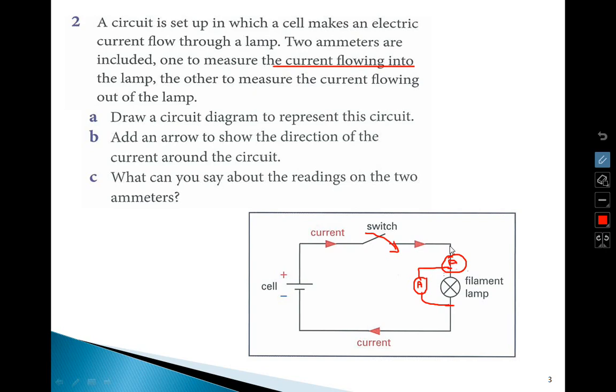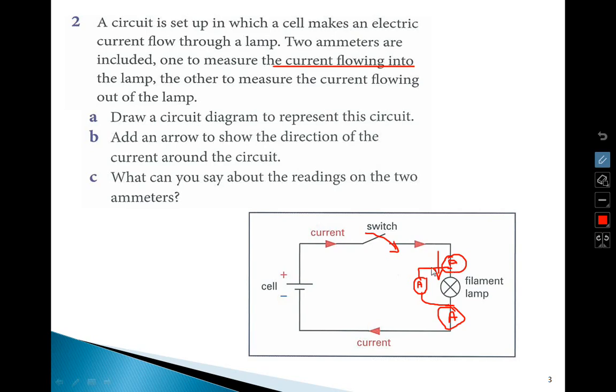This one is used to measure the current flowing into the lamp, coming to the lamp. And the other one is used to measure the current flowing out from the lamp. So we have another one here to measure the current flowing out from the lamp. Put an ammeter here, and put another one here.